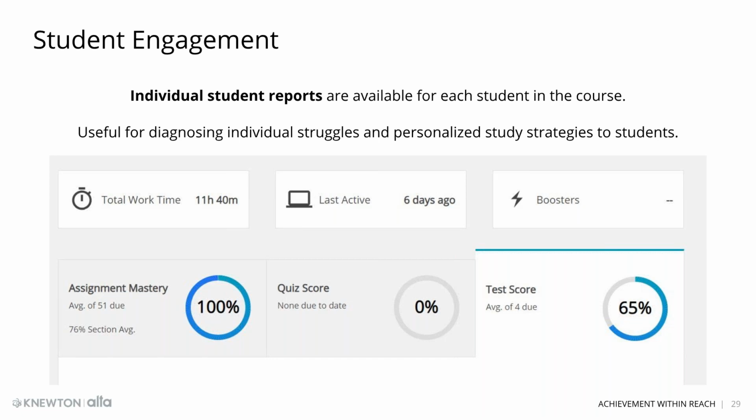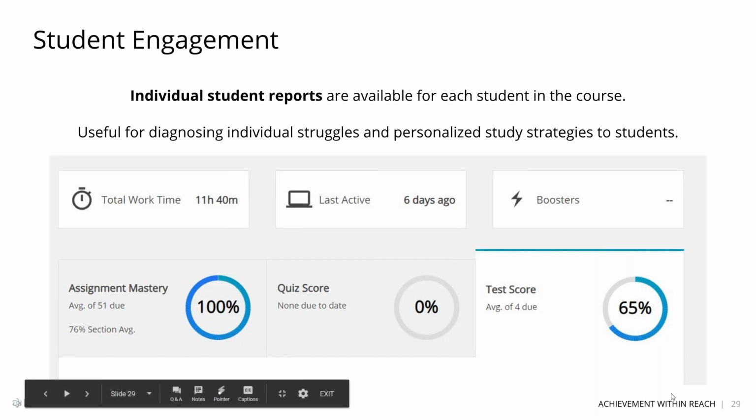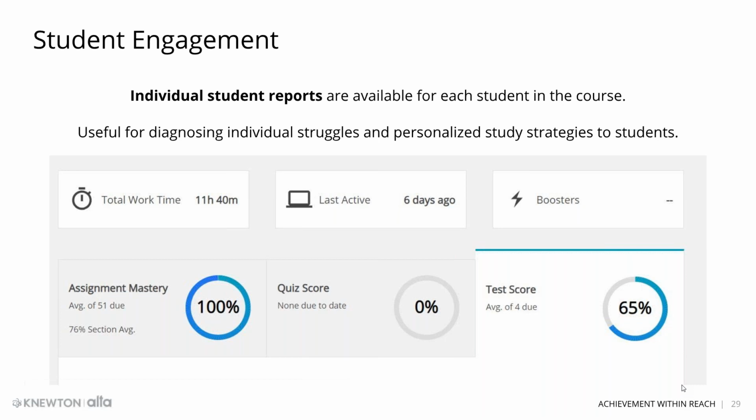I've also started doing diagnostics at the beginning of the semester, and my students take that diagnostic in Alta as well. That gives them an idea of where they are in terms of all the prereq content they need to master to be successful in this class.